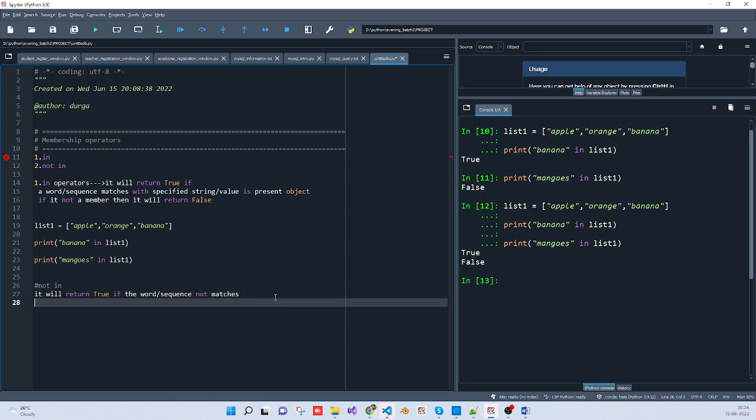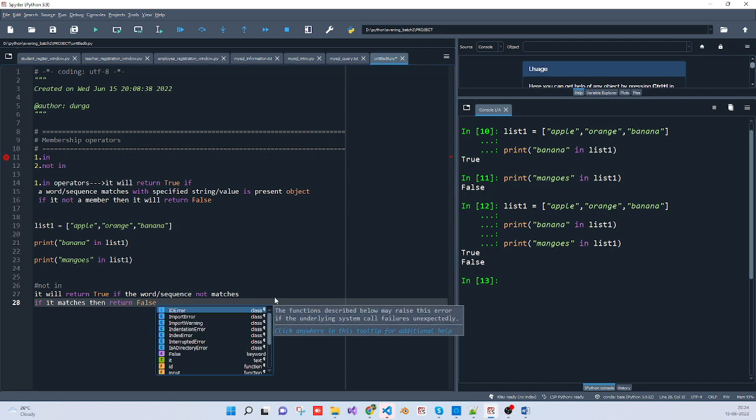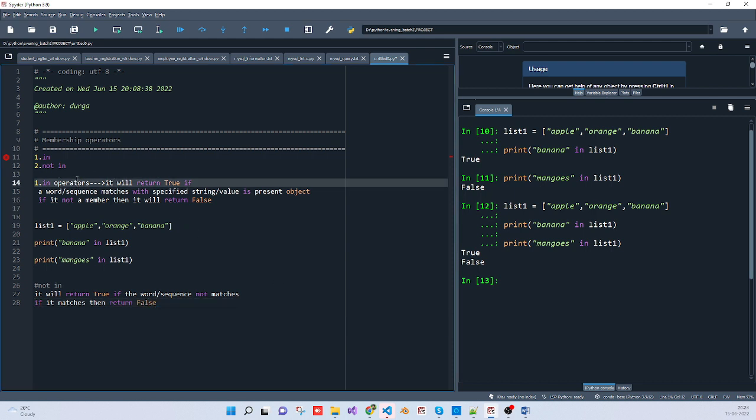If it does not match, then it will return true. If it matches, then it returns false. In the in operator, if it matches, it will return true, and if not, it returns false. This is a little different: if it does not match, it will return true, and if it matches, it will return false.